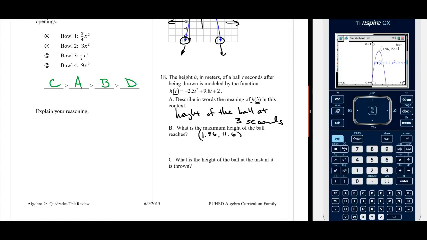So which one of those is my height? Well, this is the time, so that means that this is the height, t, h. So 11.6 meters is the highest point that my ball reaches.